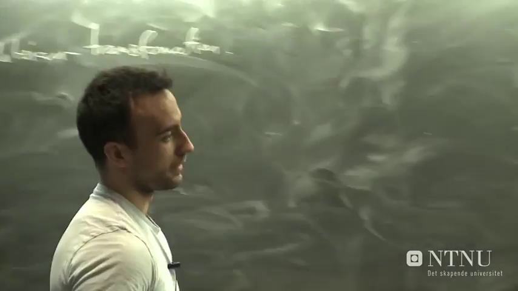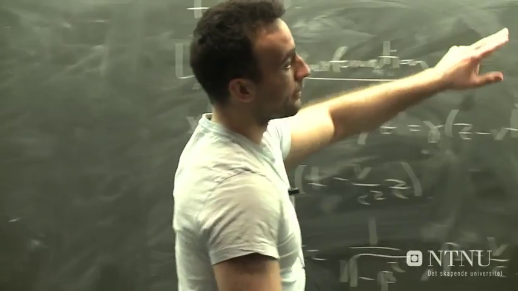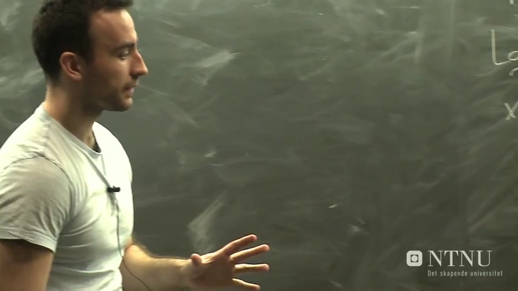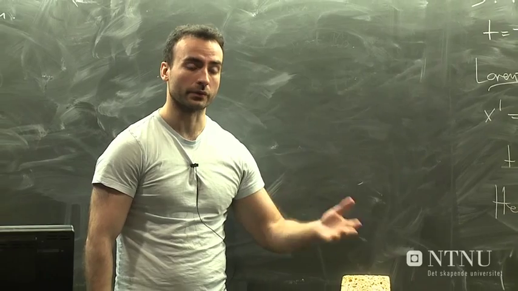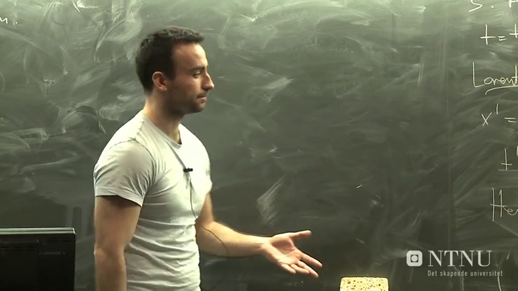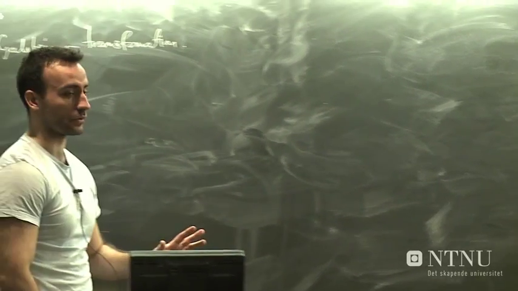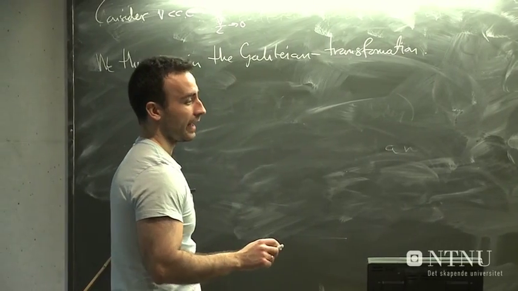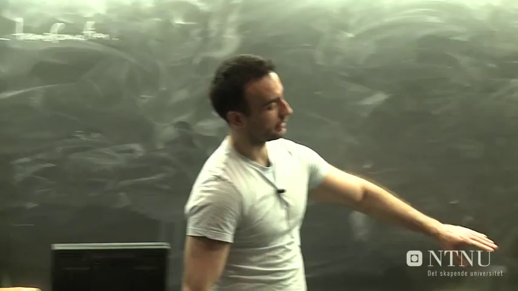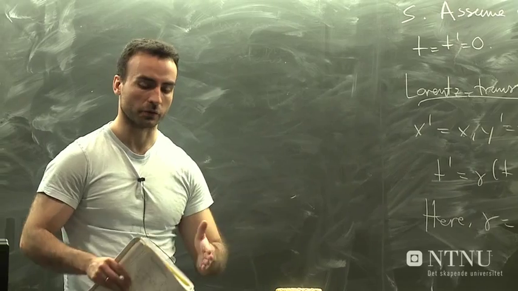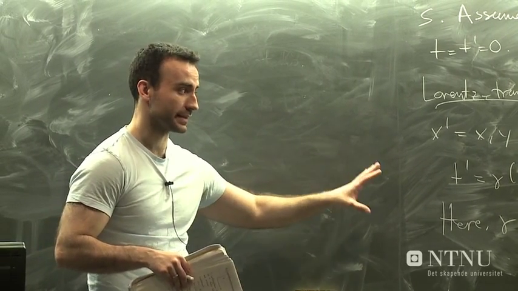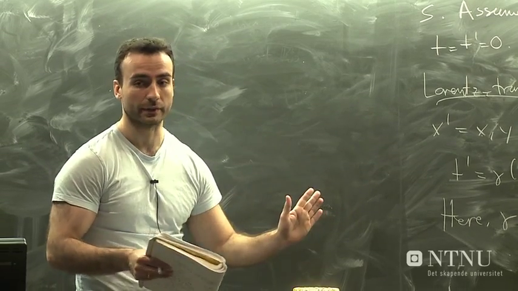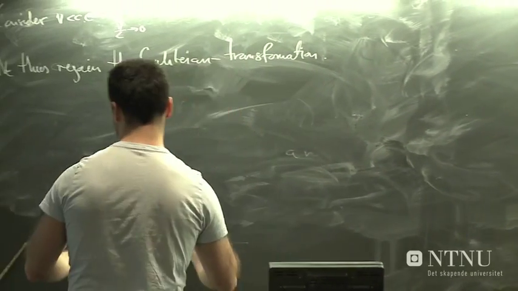So this set of equations and their belonging inverse transformation by reversing the velocity give us an invariant speed of light, and they reduce to the Galilean transformation in the correct limit. So they seem to work out well so far. And I just, for convenience, chose one particular axis as the relative motion. But we can write these down in vector form for any arbitrary direction of S and S prime.